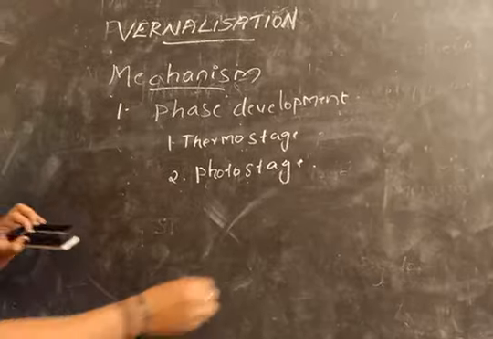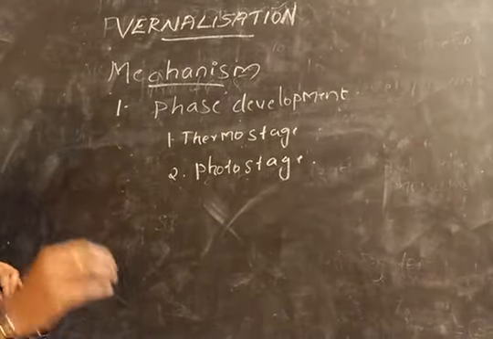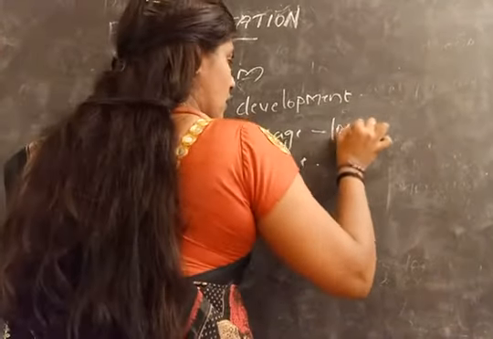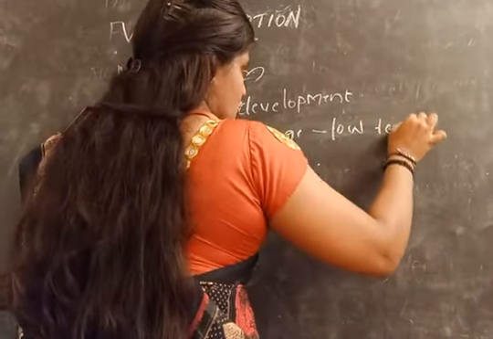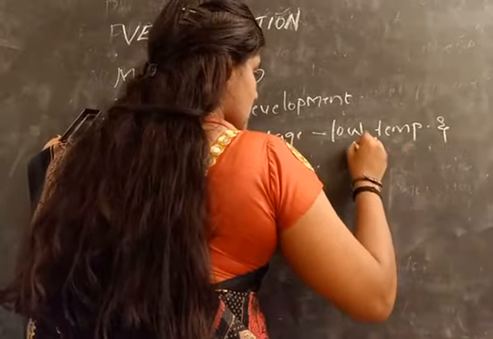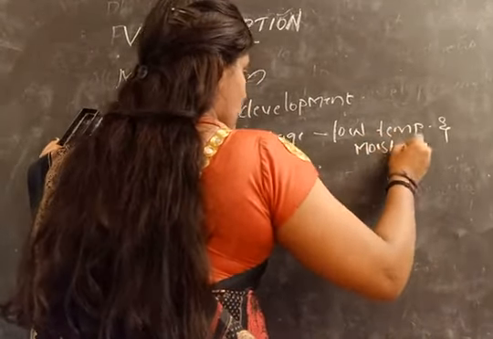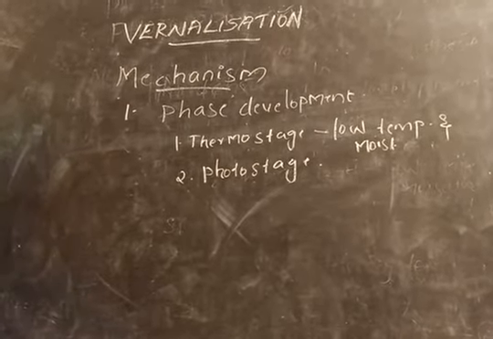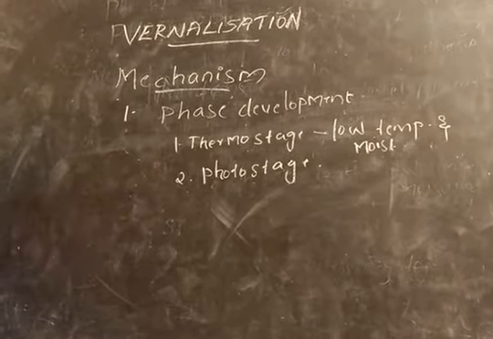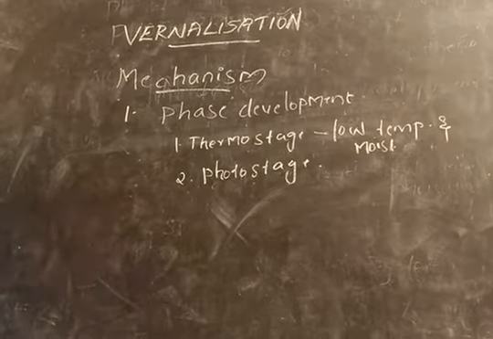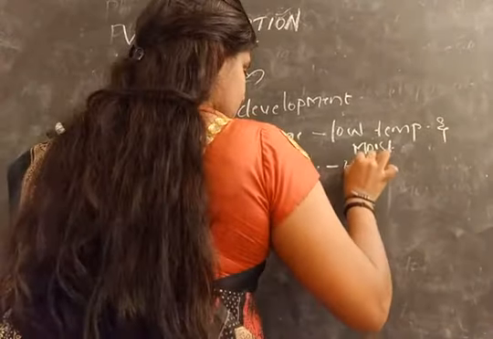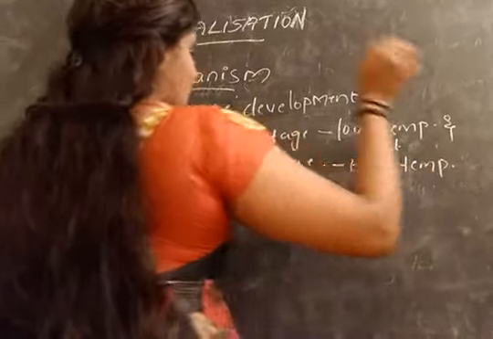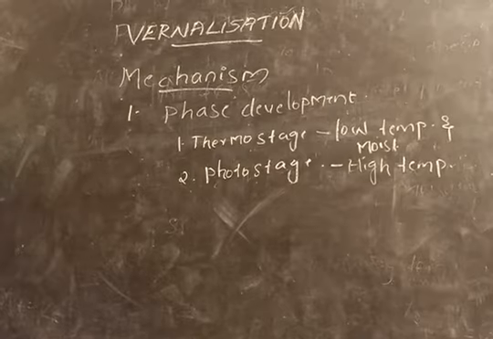In thermostage, the vegetative phase requires low temperature and moisture. In photostage, the plant requires high temperature for the production of the floral hormone called florigen.